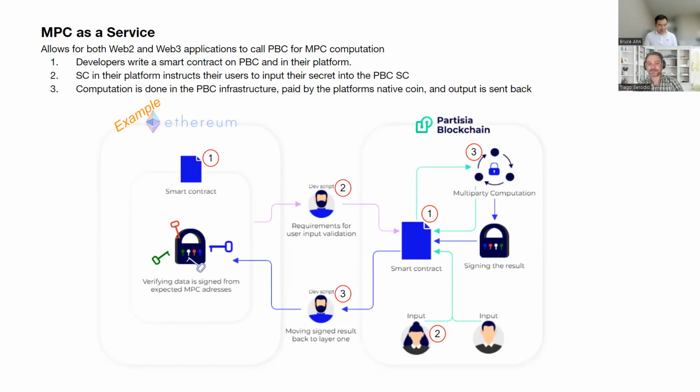Yeah, and I think you touched upon the vision of what we're trying to accomplish, right? It's not just about providing privacy services. It's about enabling anyone, really, to take advantage of the power of multi-party computation.